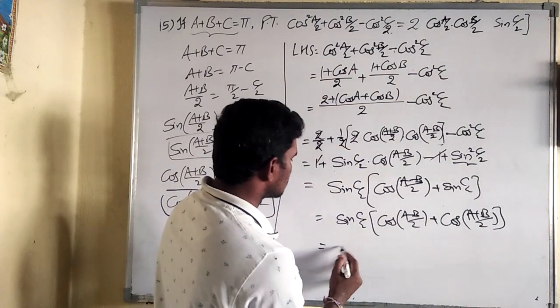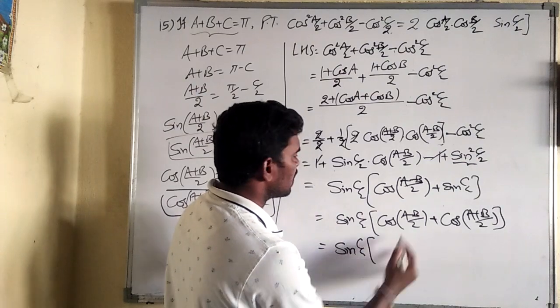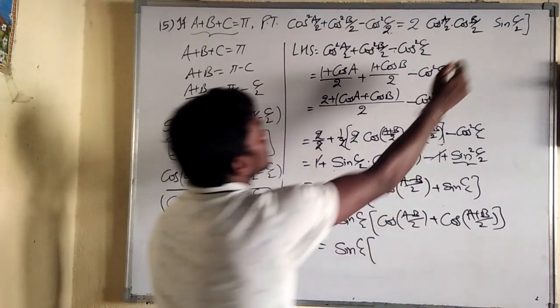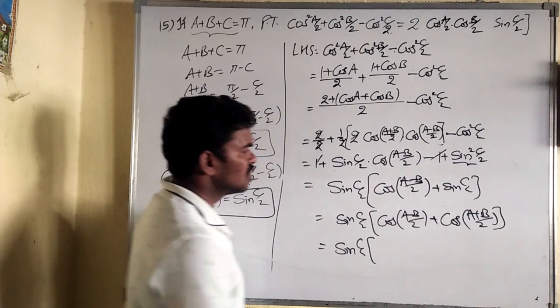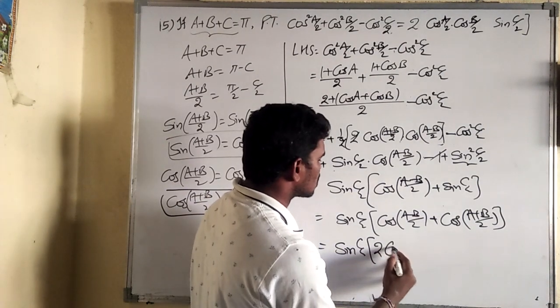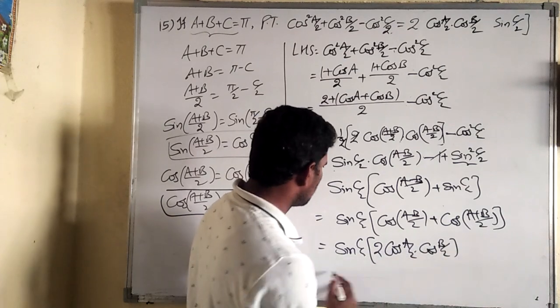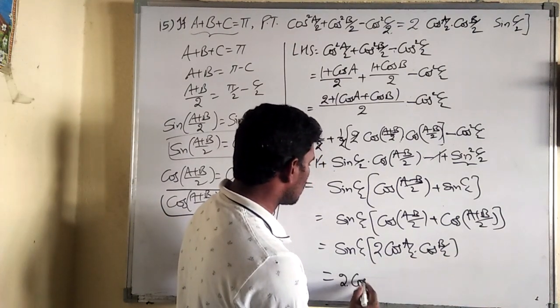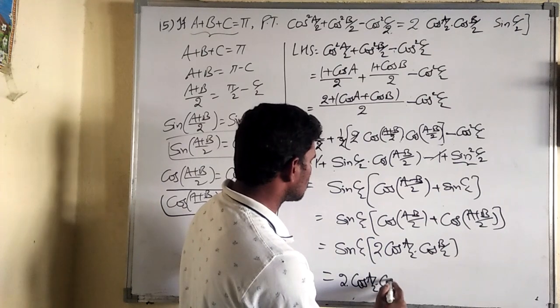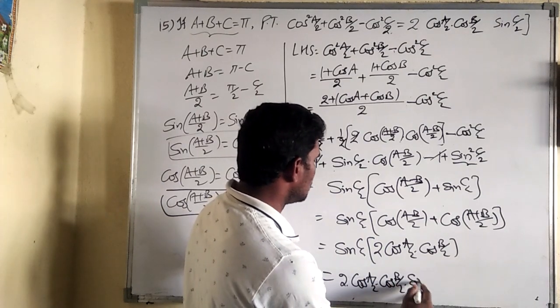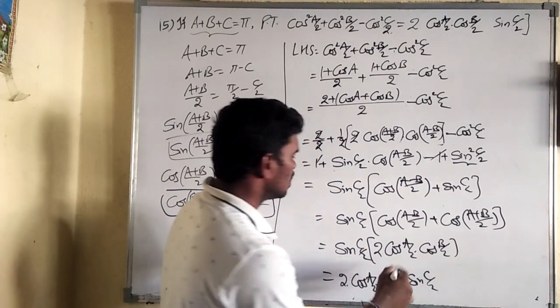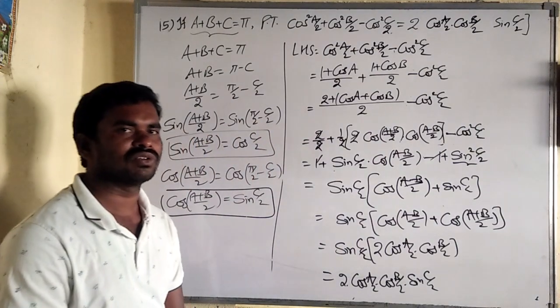Then sin c/2 into, it becomes: already sin c/2 is there, remaining 2 cos cos, so 2 cos a/2 into cos b/2. So which is equal to 2 into cos a/2 into cos b/2 into sin c/2. Okay, this is called RHS and proved.